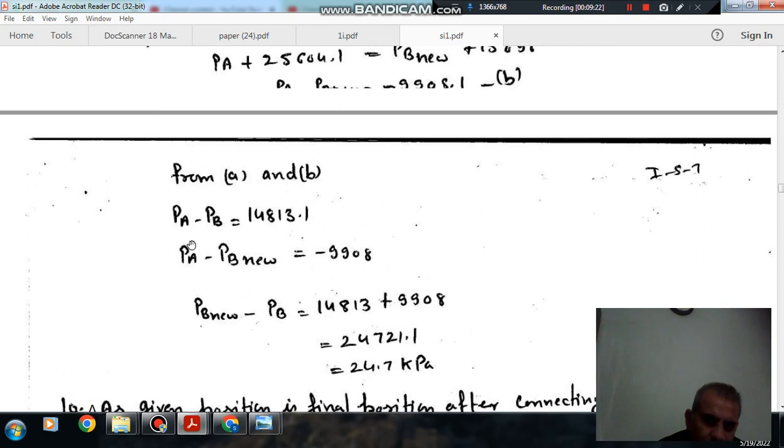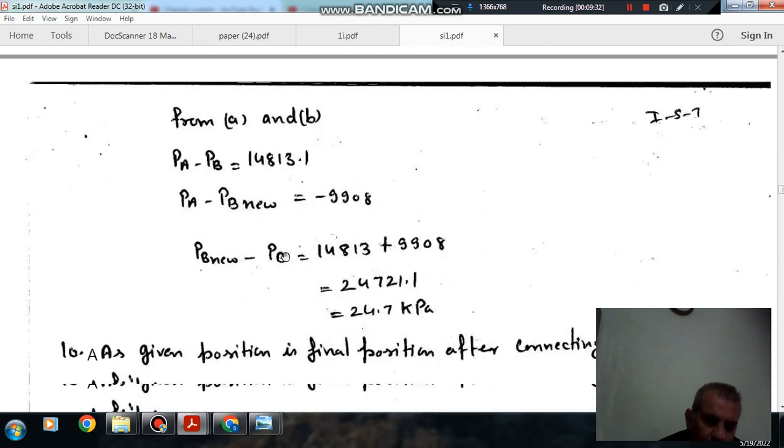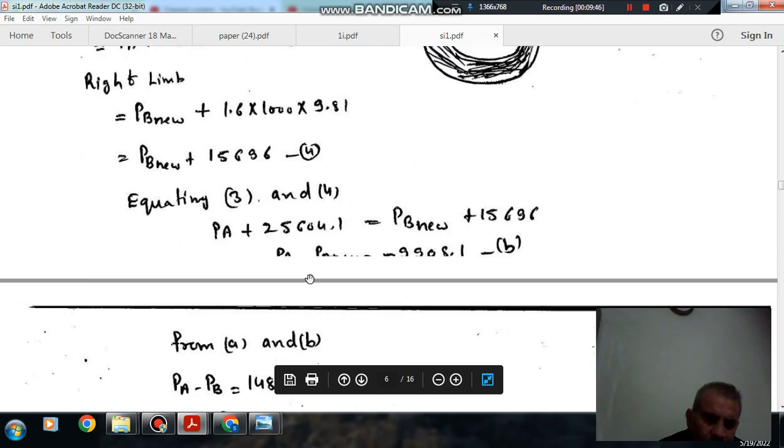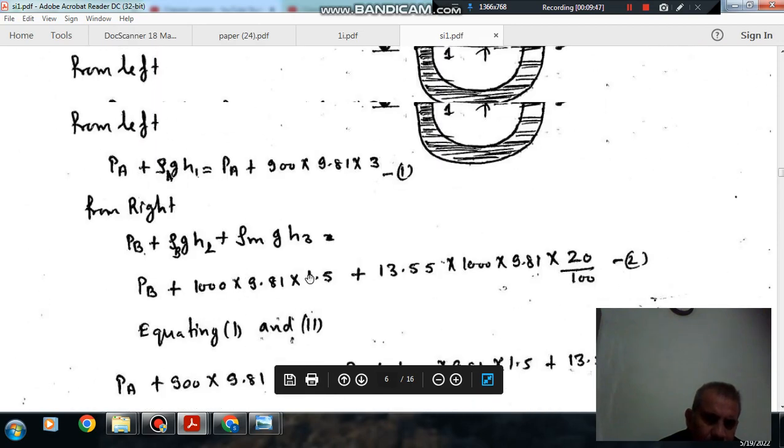Some mistake there. Initially PA minus PB is 14813.1. So the change in pressure, PB new minus PB, will be the difference of these two, which is 24721.1, that is 24.7 kPa. Rest of all is calculation, so you can make these calculations.